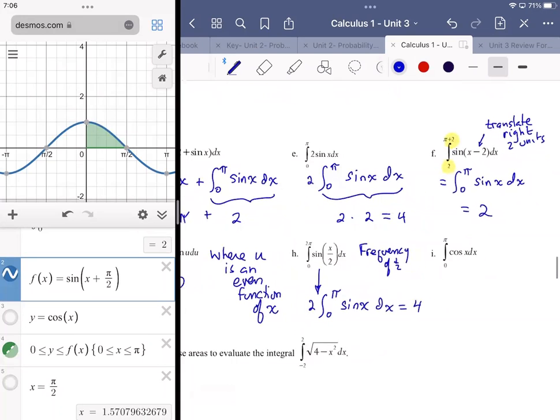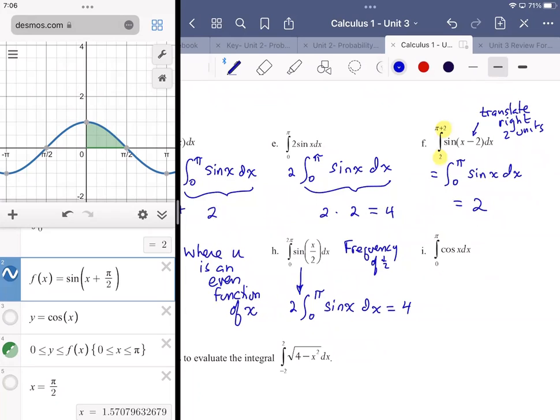What this is telling me is that if I want 0 to pi of the cosine of x, that's really the same thing as 0 to pi of sine of x plus pi over 2 dx. So we could write it as a function of sine, and that could be useful.